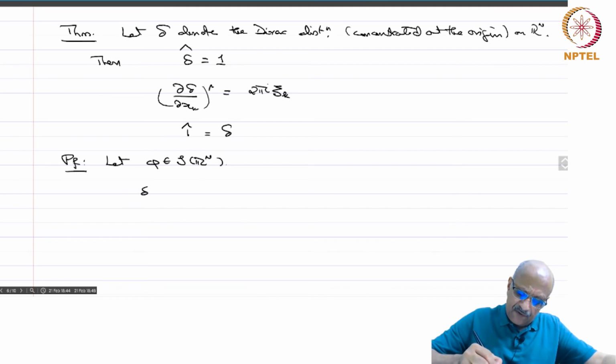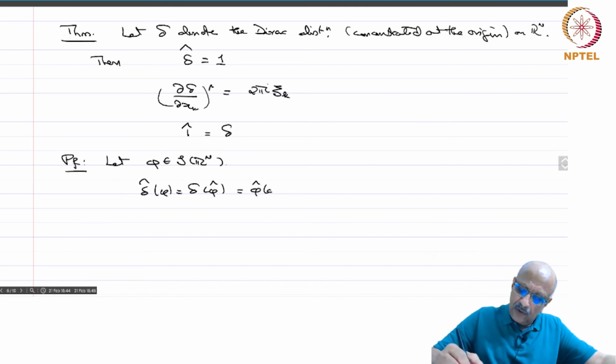So delta hat of phi is delta of phi hat, which is phi hat of 0, which is the integral over Rn of phi(x) e^(−2πi x·0) dx. x dot 0 will be just 0, so that is 1 times phi of x dx, and that is equal to T of 1 acting on phi.